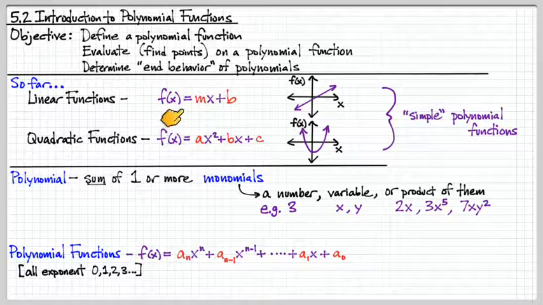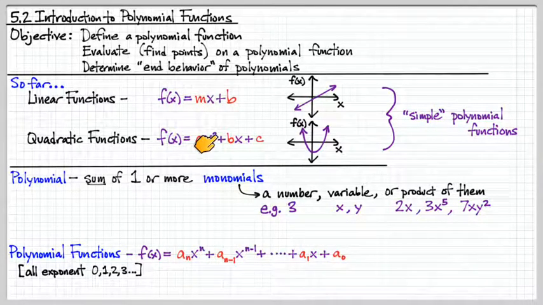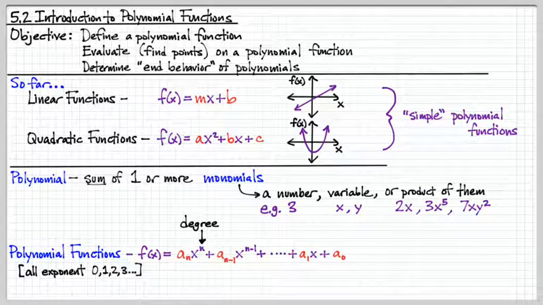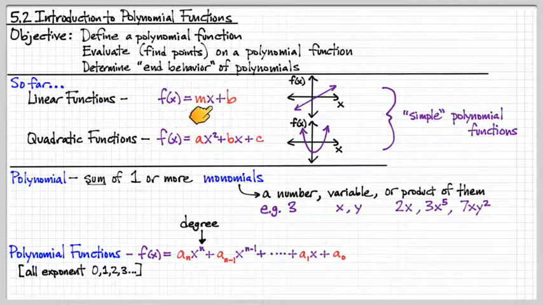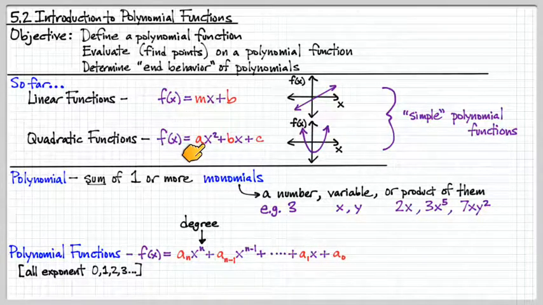So for example, we have a linear function x to the 1st power, a quadratic function x to the 2nd power. The degree of a polynomial is defined by the highest x term. So in the linear case, the degree is 1. In the quadratic case, the degree is 2.